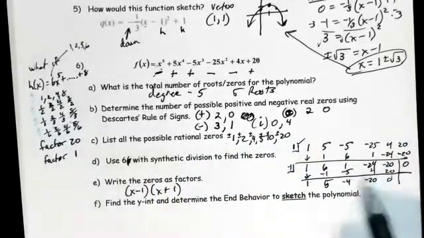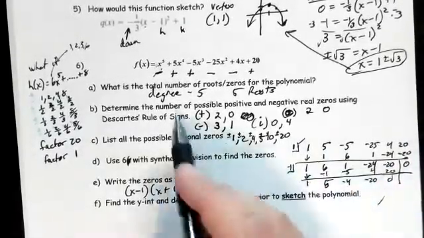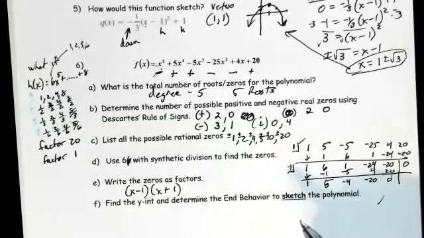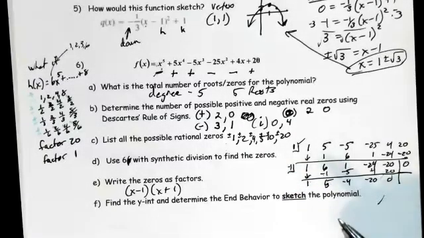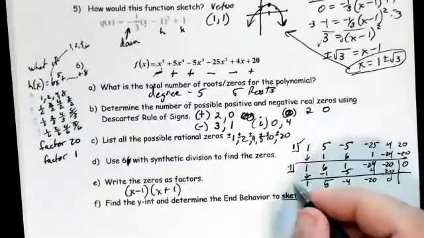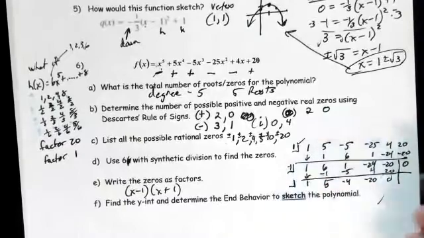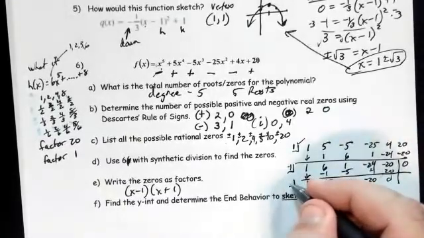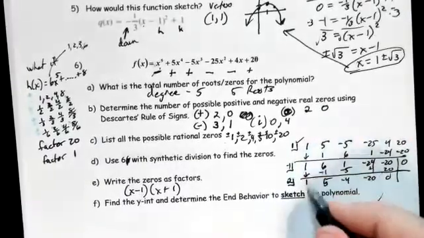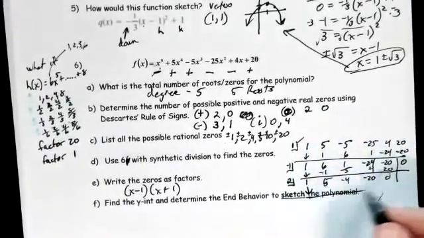Now the leftover to this, if I started at x to the 5th and I've got 2 zeros already, that means I'm down to x cubed. So I need to do this one more time. I would actually check -1 again, but -1 won't work a second time. So since I know my answer is 2, I'm going to do this one more time.